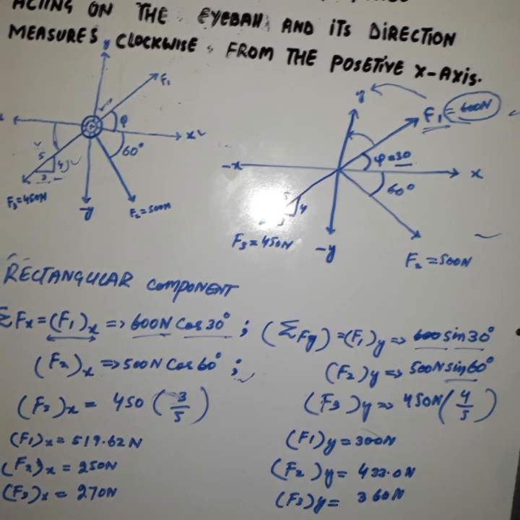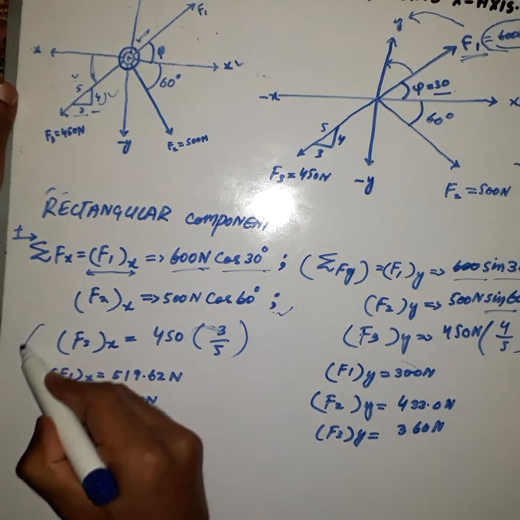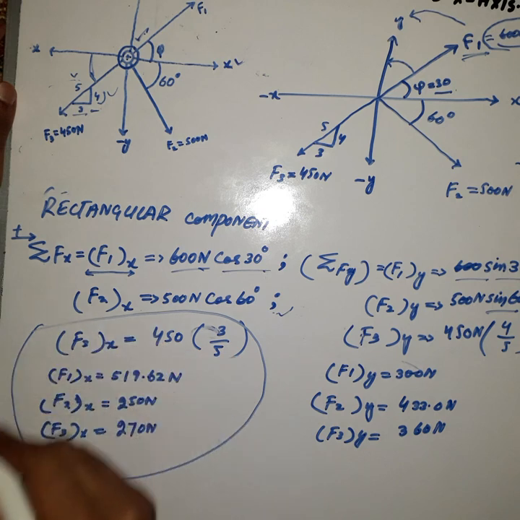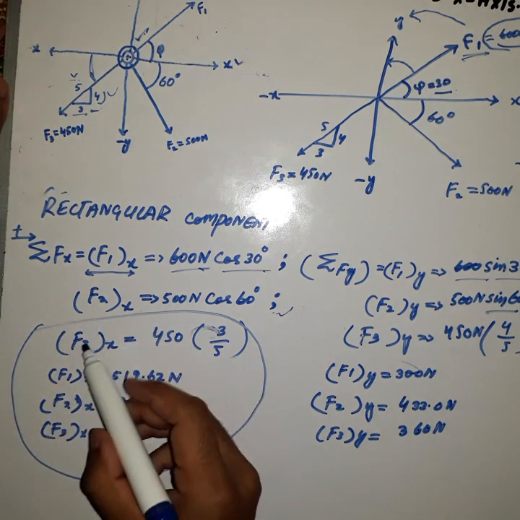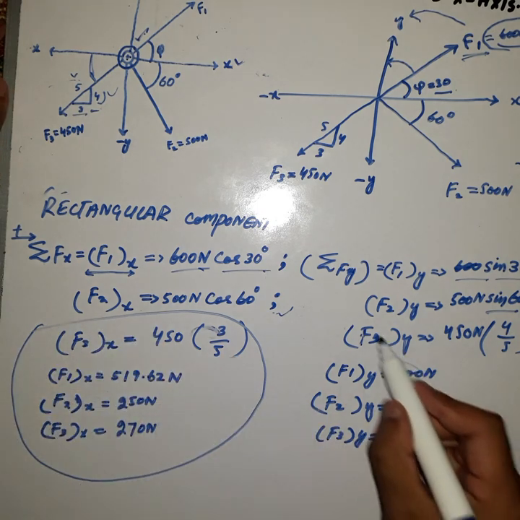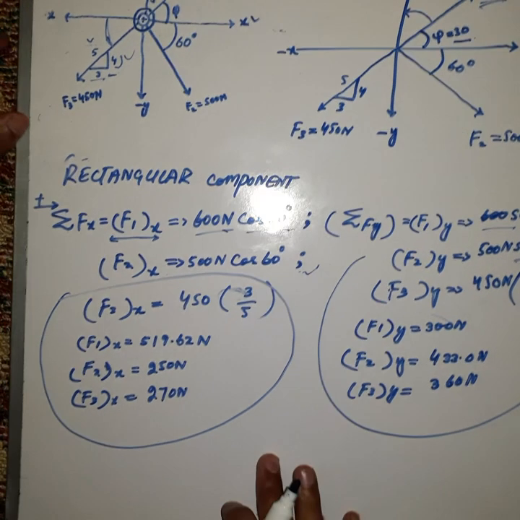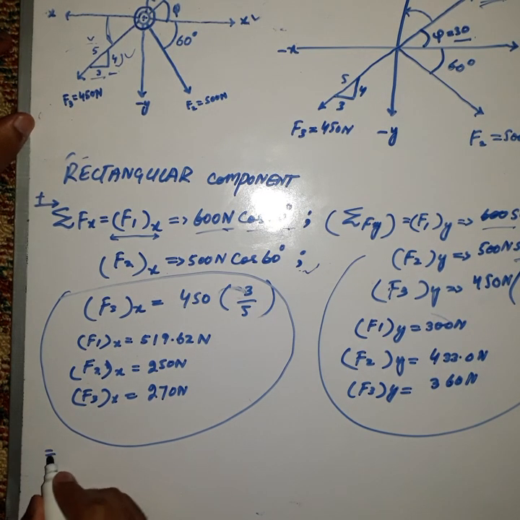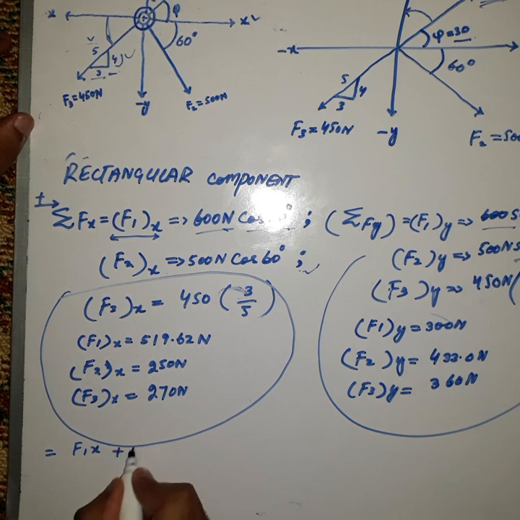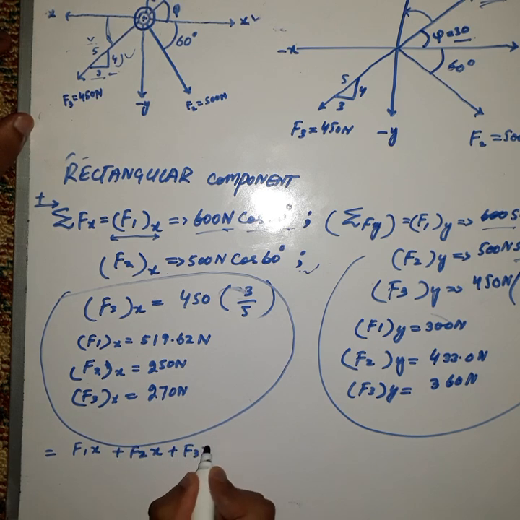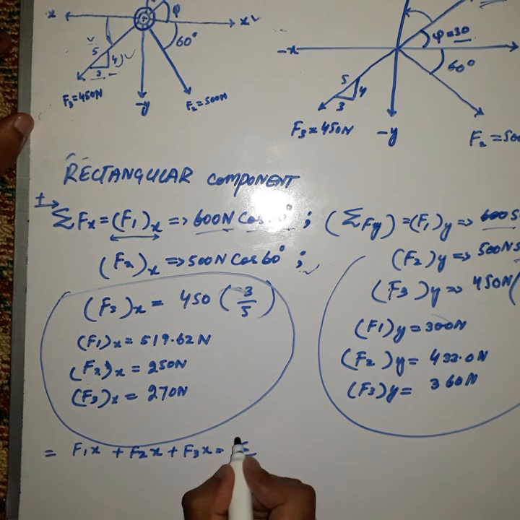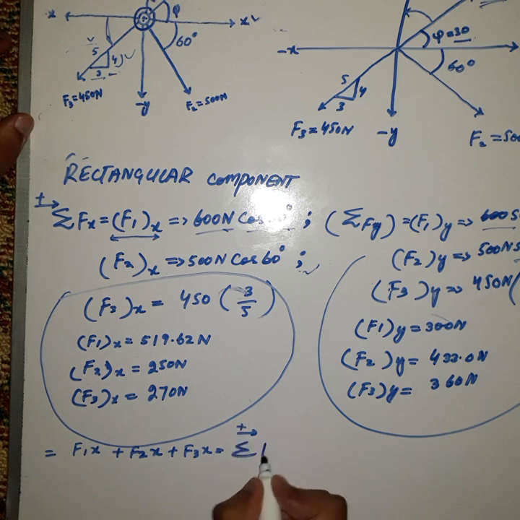Now what we will do, we will add the forces acting on the x-axis and the forces acting on the y-axis. So F1 of x plus F2 of x plus F3 of x is equal to summation of F of x.